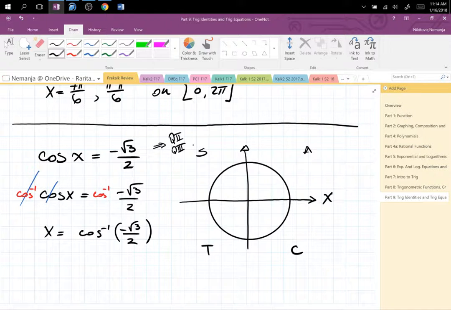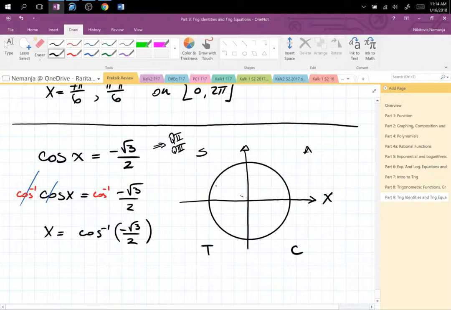So we have pi over 6, so cosine root 3 over 2 is pi over 6.